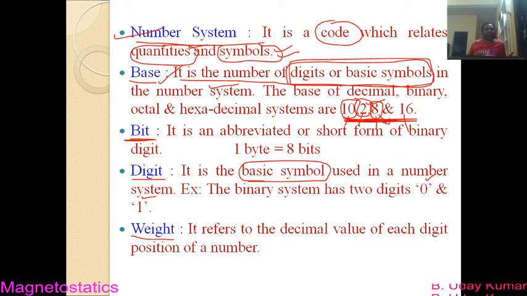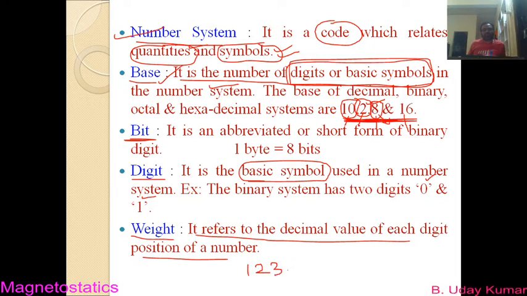So what is weight? It refers to the decimal value of each digit position of a number. For example, if you take an example like 1, 2, 3, there are 3 digits, right? Let us assume that it's a decimal number.